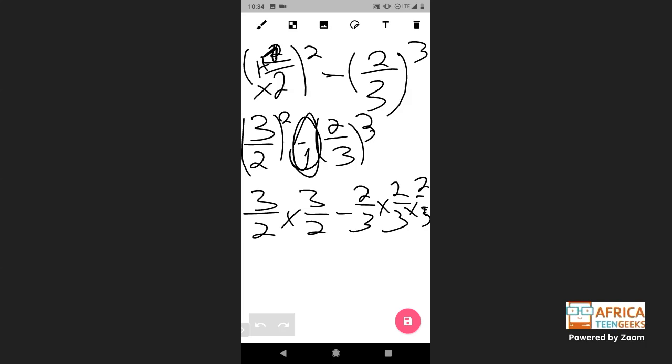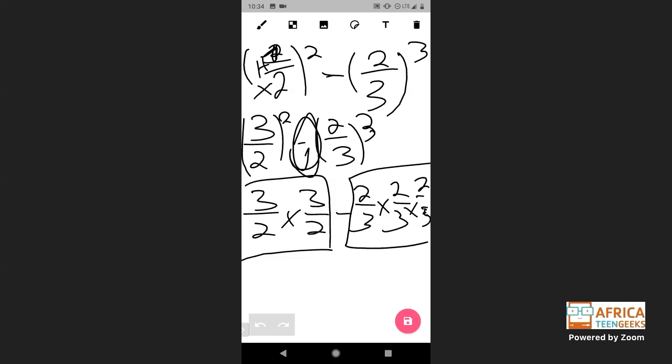Let's multiply our fractions. You see this one, we can also simplify it, so we need to multiply. We'll start with the first section and finish with the second section. Here we have 3 multiplied by 3. We need to calculate this side first, separately, before we can subtract them, right?